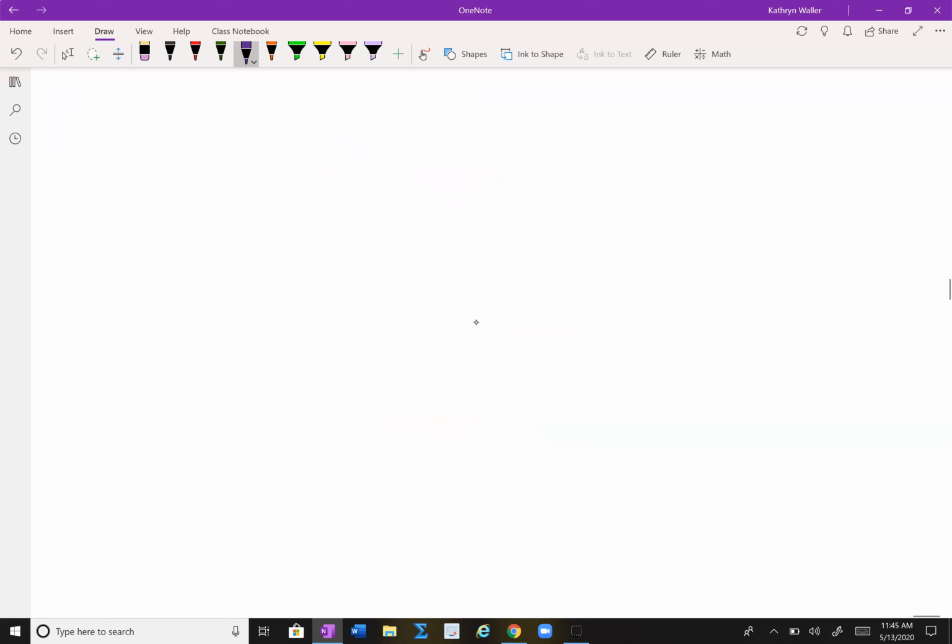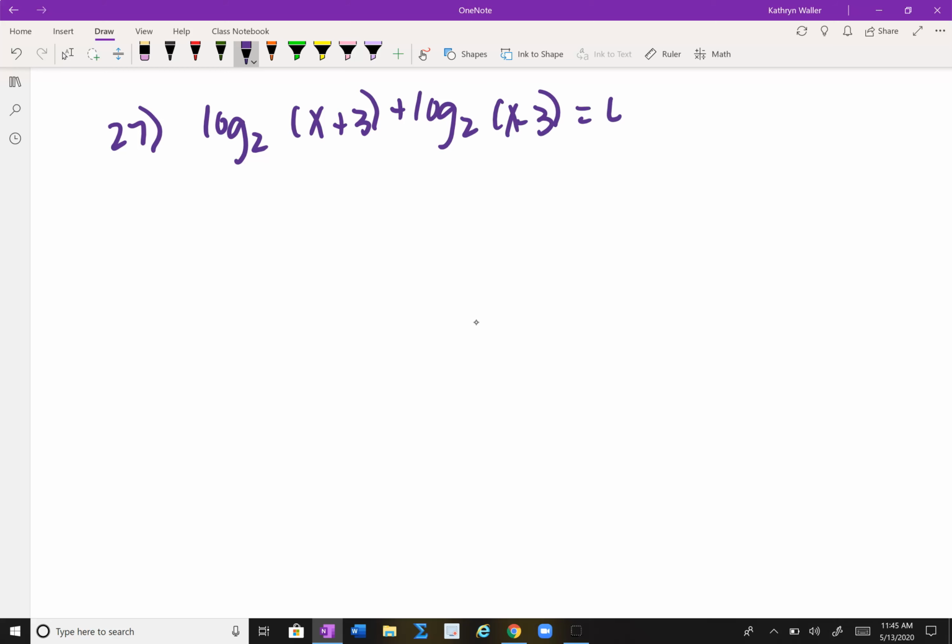Okay, 27. Multiple logs and a number that's not a 0. Condense and convert. So you take those two logs, you squish them together, and when you squish them, they're going to be multiplied.